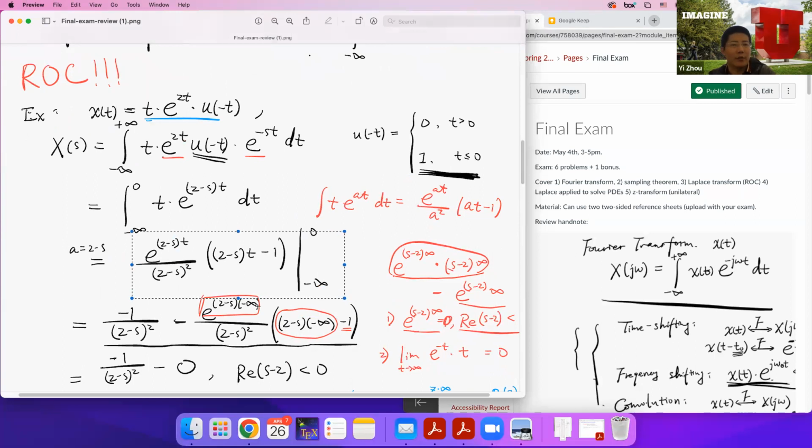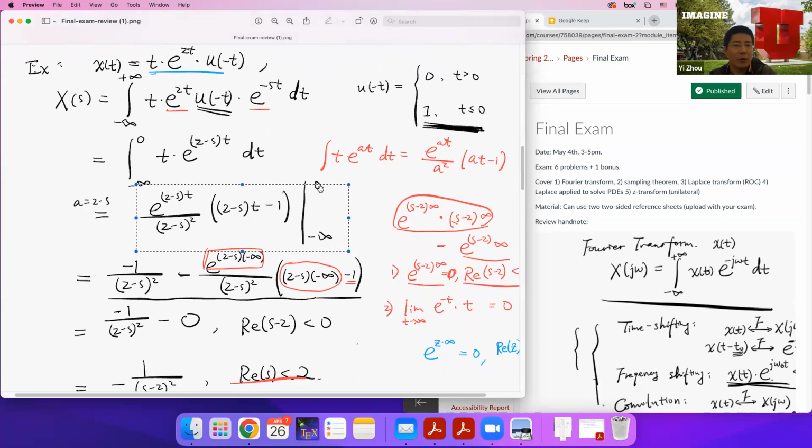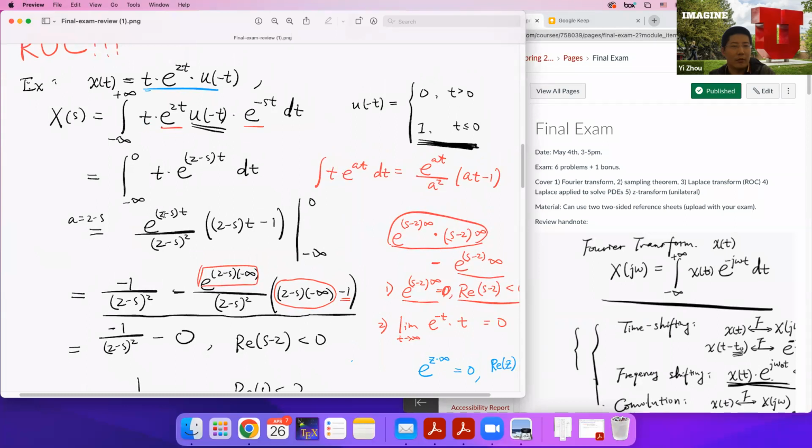This is the integration result, and we need to evaluate this term at 0 and negative infinity. Sorry, it's over t.